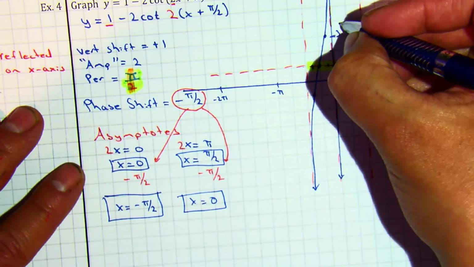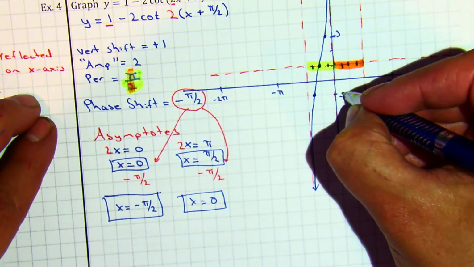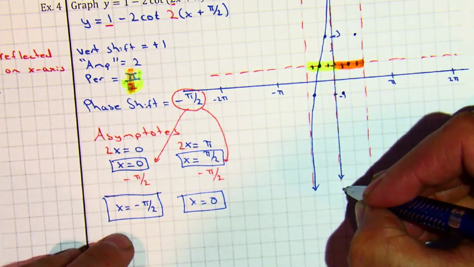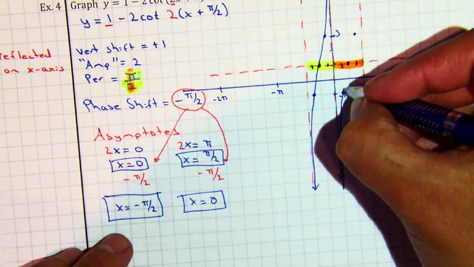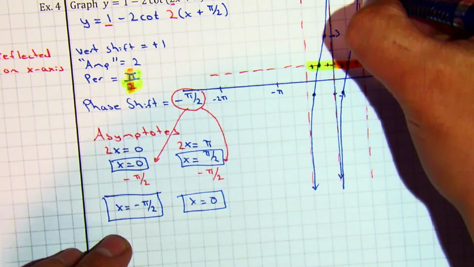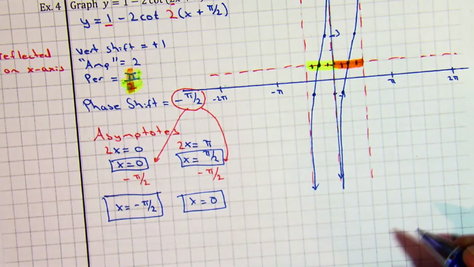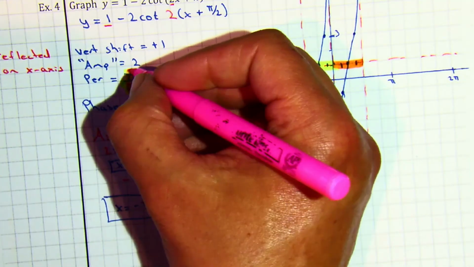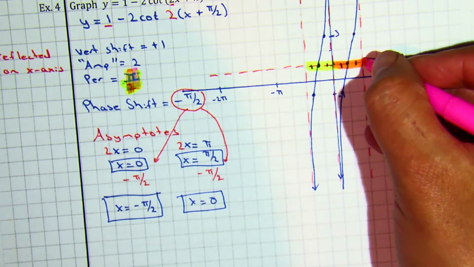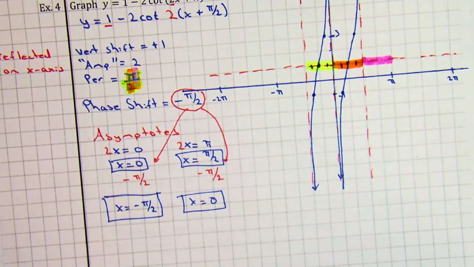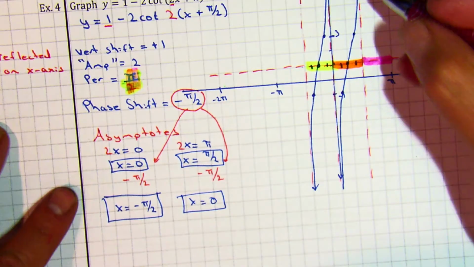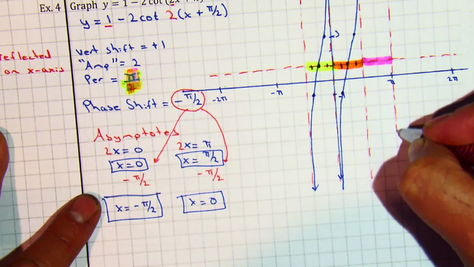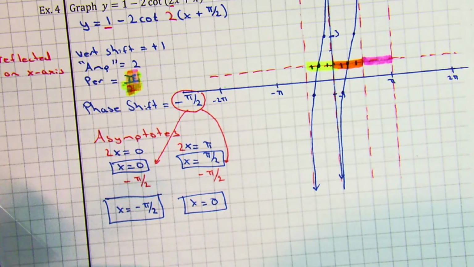Even though cotangent is reflected, I'm going to start from negative 1, 0 to positive 3. Once again, I'm going to take my period, which is pi over 2, which is 2 squares, and that'll be my next asymptote. And I'm just going to fill up my entire space with cotangent graphs that are reflected.